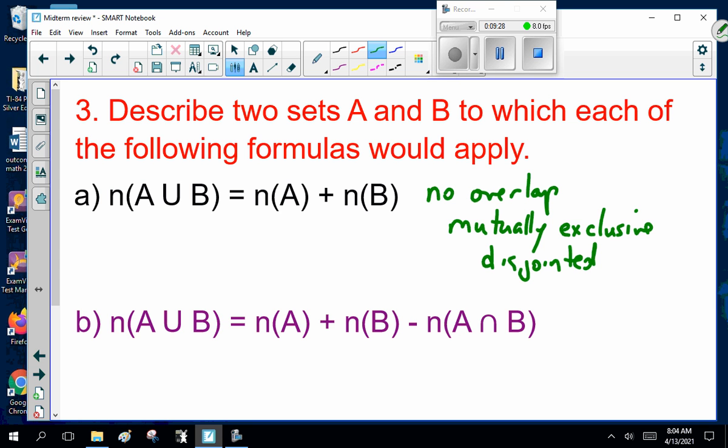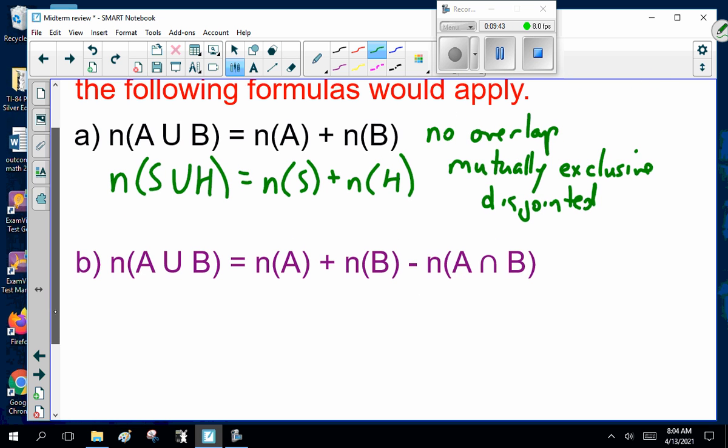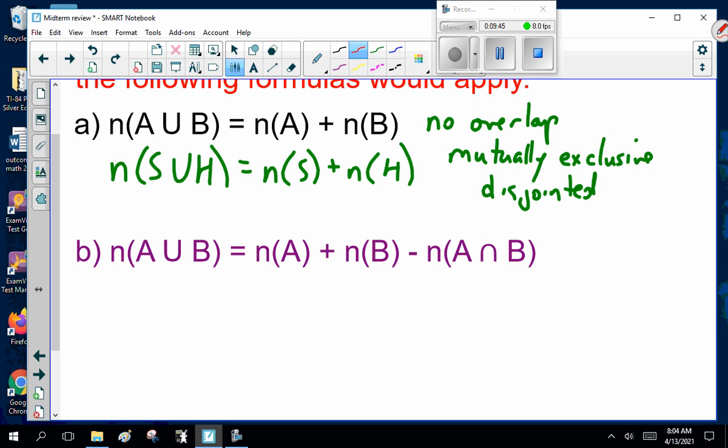There's all sorts. My first thought is spades and hearts or clubs. Number spades, number hearts. Because you're not going to get a card that's a spade and heart. On the other hand, when you have this, you have overlap. They're not mutually exclusive.